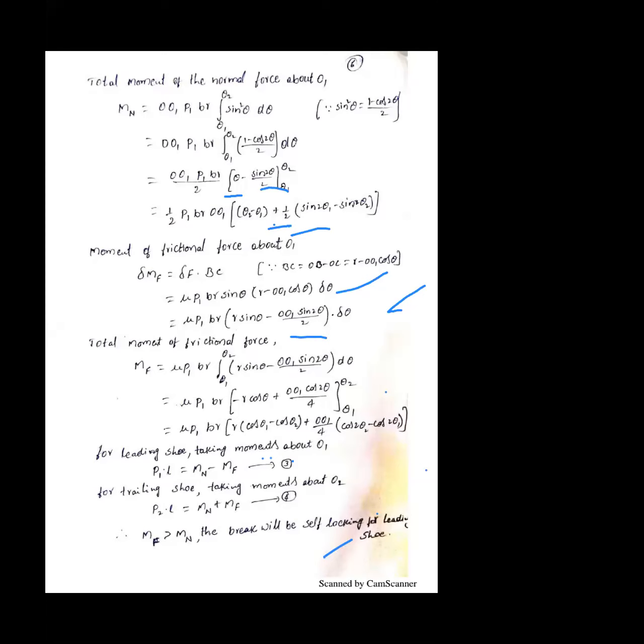So those are our moments about O1 and O2. Here one condition is there: Mf greater than Mn. The brake will be self-locking for the leading shoe. Self-locking applies when the moment of frictional force is greater than the moment of normal force.